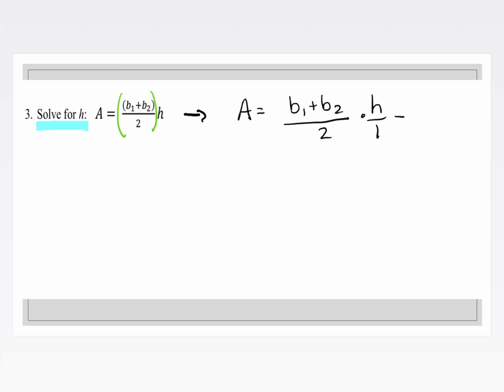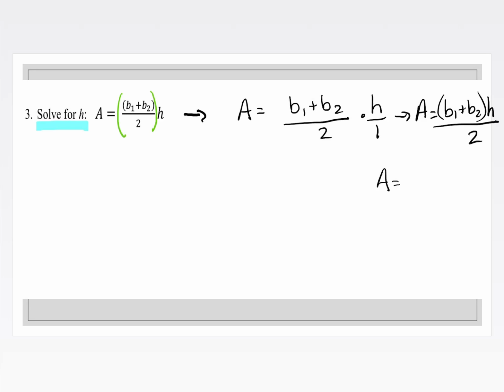And this would actually simplify to A equals b1 plus b2 times h all over 2. So if we want to do this, since we see division here, we can multiply both sides by 2.